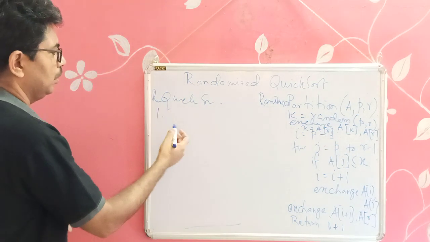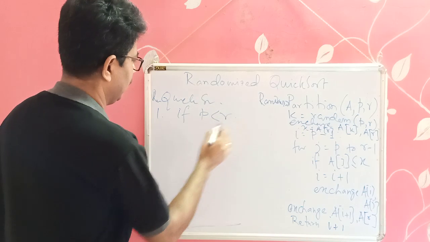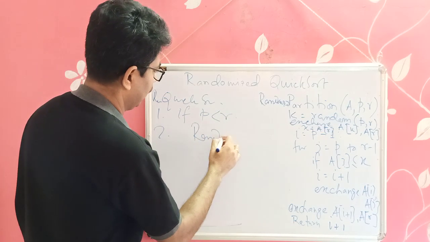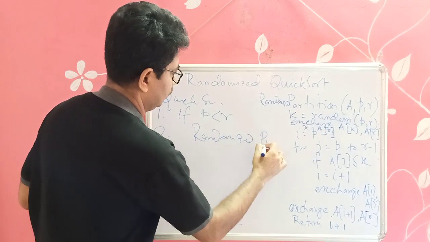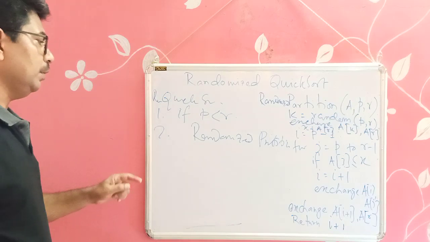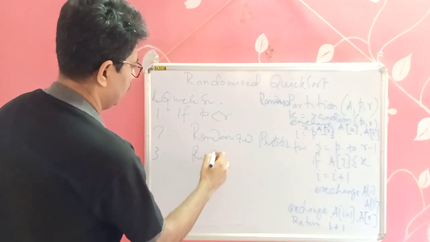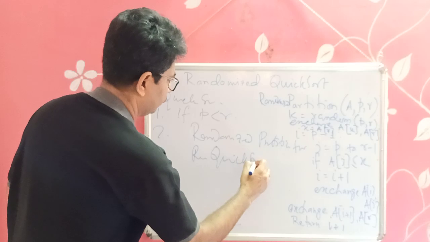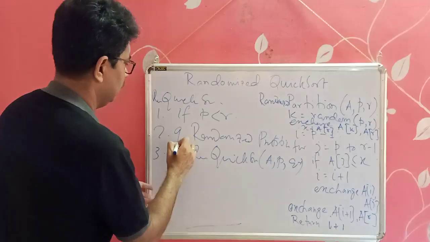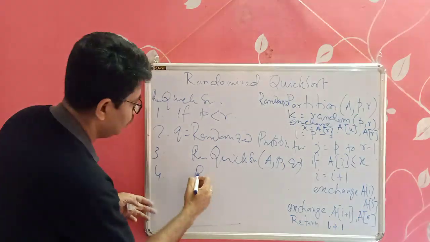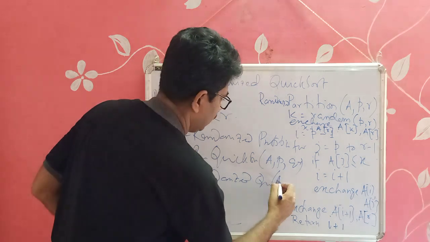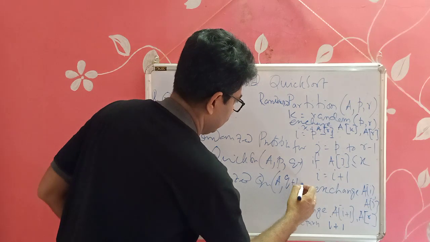Just, if p is less than r, then instead of partition we will call randomized partition, and all others will remain the same. So it will be randomized quicksort with A, p and q minus 1. Here this is q. Then randomized quicksort with A, q plus 1.